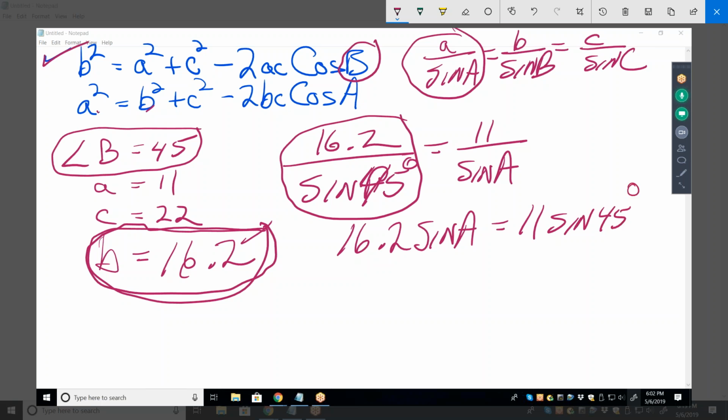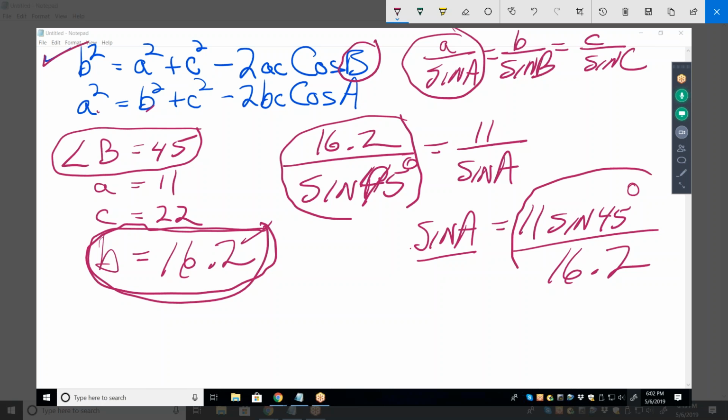Okay, now since I'm trying to solve for that, I'm going to divide both sides by 16.2. This gets rid of it right there. Okay, now that's just a number. What is it? Let's first find out what that number is. And that'll be what the sine of a is equal to.